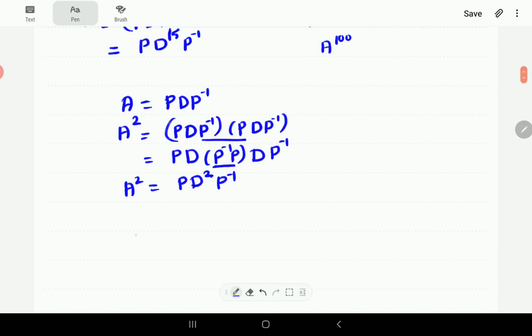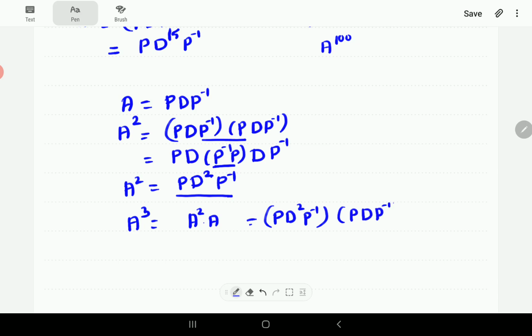Now when you want to write, for example, A cube, this is nothing but A square into A. Since you already have A square as P D square P inverse, and now I'll write my A as PDP inverse.